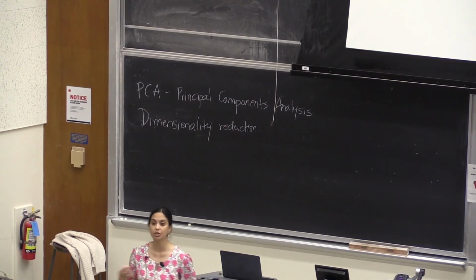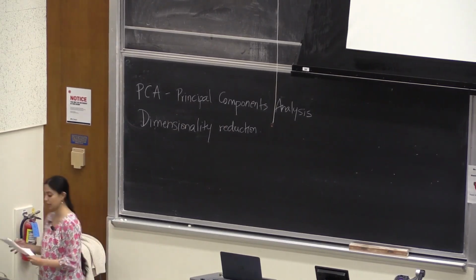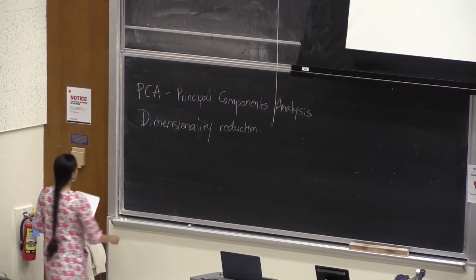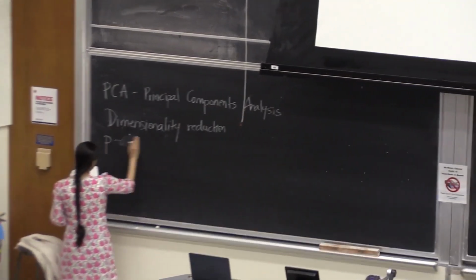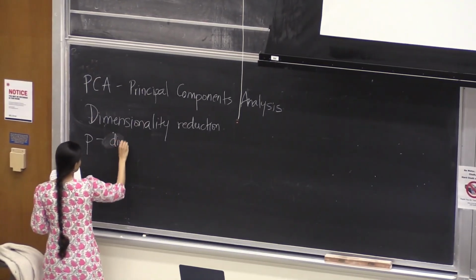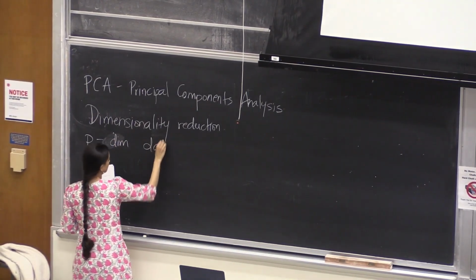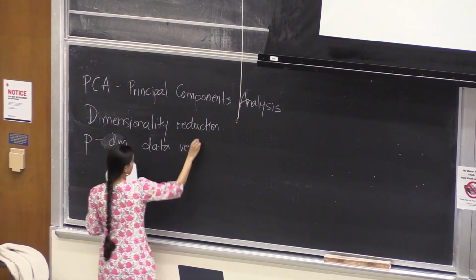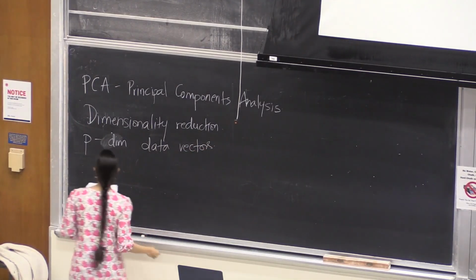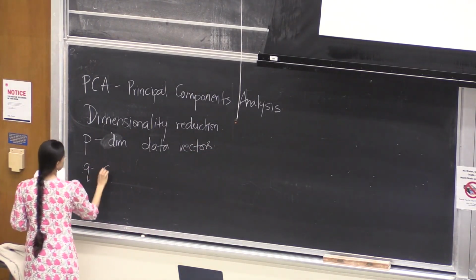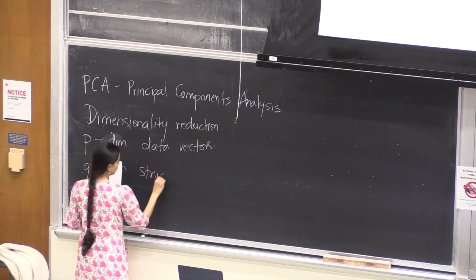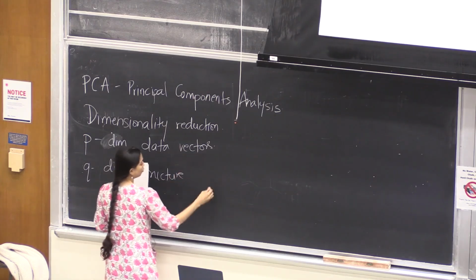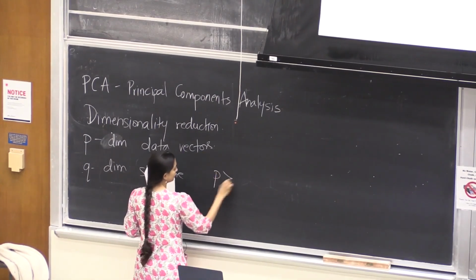What are the principal components of the data that you're thinking about? Right, so we're thinking about something with a p-dimensional structure, or p-dimensional vectors. But maybe there is some underlying q-dimensional structure where q is less than p.